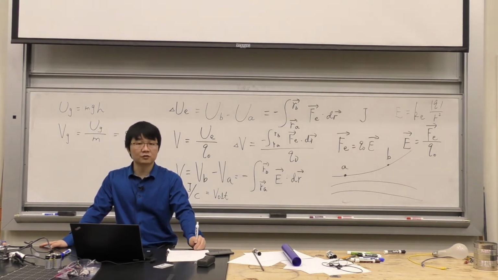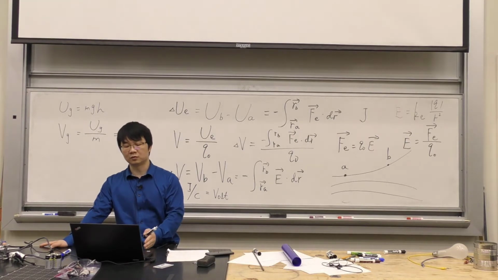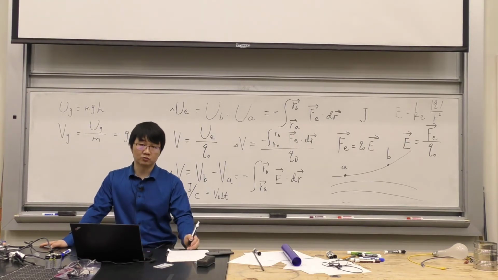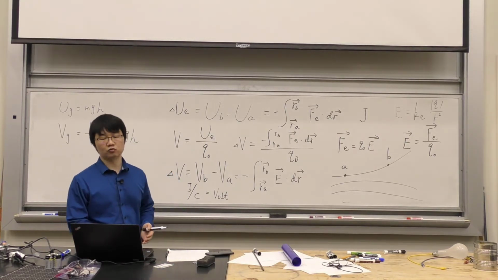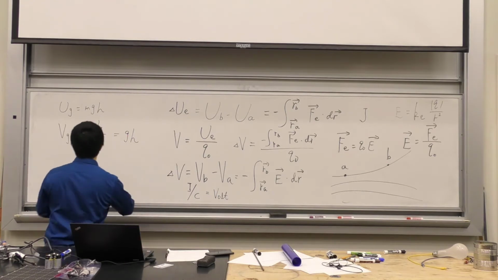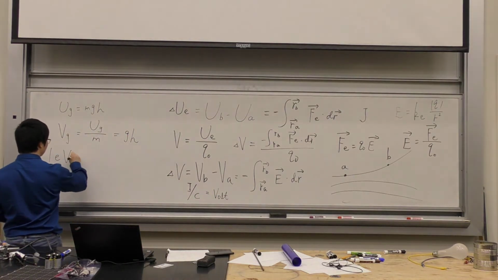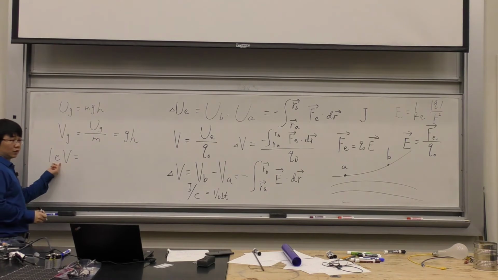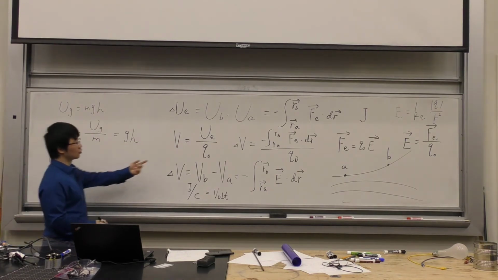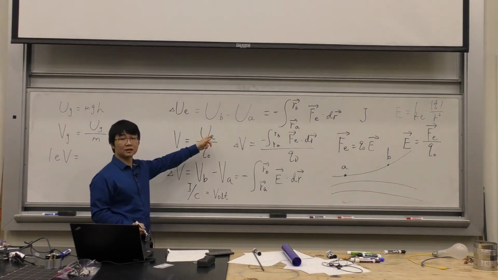So what is the definition of this unit? It is the change in the energy of a charge of magnitude e moved through a potential difference of 1 volt, right? So it's very easy to convert it to joules if you want, right? Because this is a charge, you do charge times potential, you will get energy.